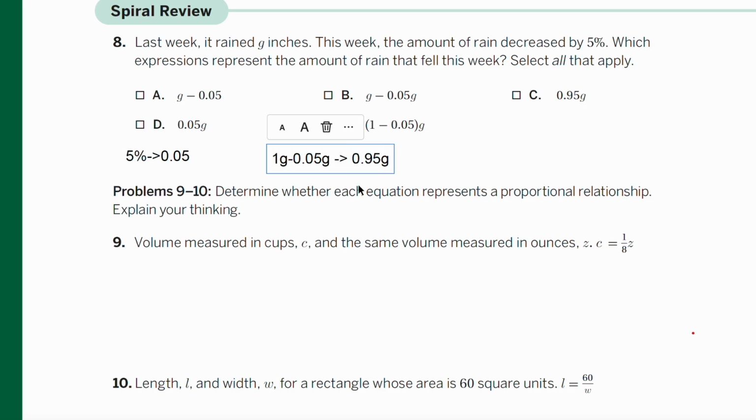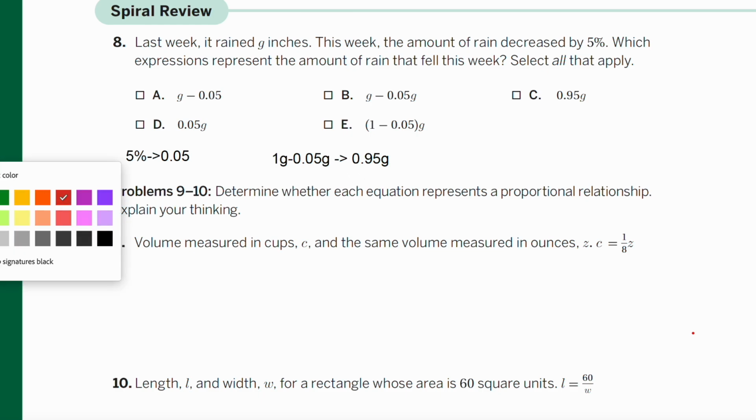So in my equation, I'm going to have something like G minus 0.05 G, or I'm going to have something like 0.95 G. So I want to keep an eye out for those in the equations here.